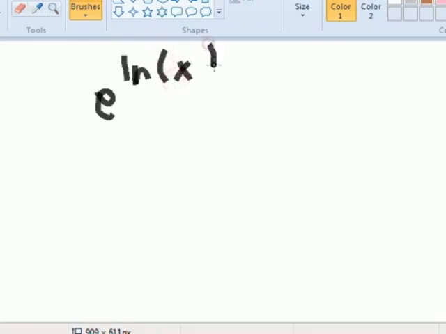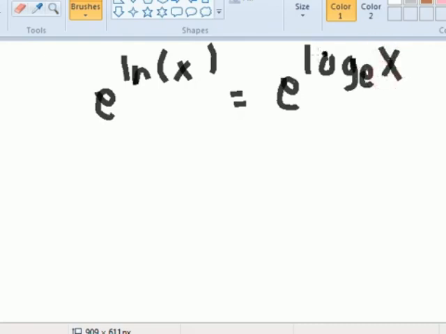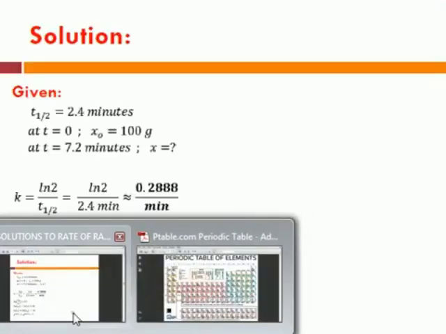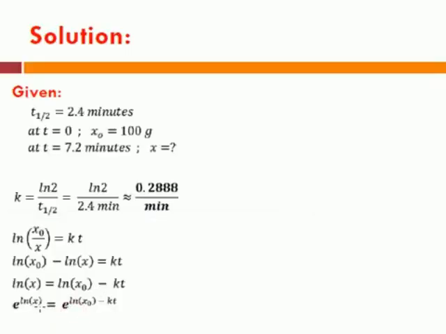We can write e raised to ln x as e raised to log base e of x. Under the property of logarithm, these cancel out, so the remaining value will be x. So that will be equal to x. Let's go back here. So this one will become x.